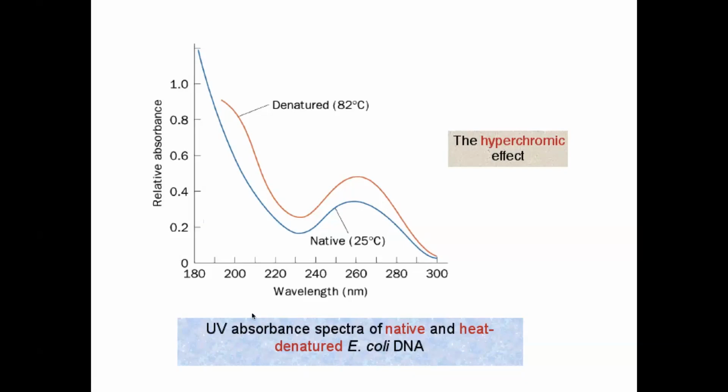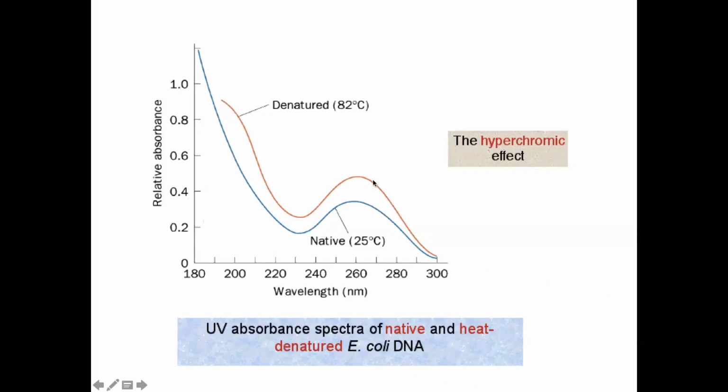However, if you break the double-stranded DNA molecule, in other words, convert it from the double-stranded form to the single-stranded form, then what you see is a change in the absorbance reading of that same DNA sample. Now, if the original double-stranded DNA that gave you this first curve, the blue curve, was converted into single-stranded DNA, it would give you this second curve.